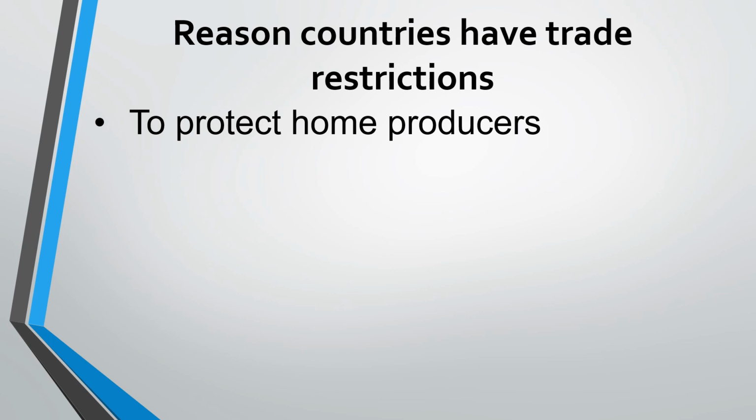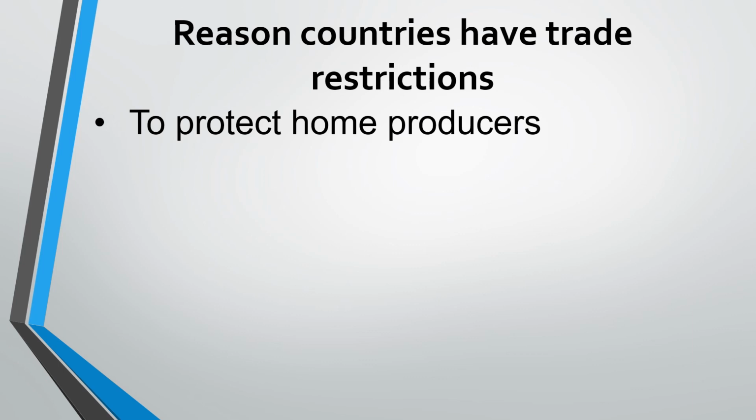Newly formed businesses or industries may need protection until they have become sufficiently established to be able to compete fairly. Or, if they're not new, other industries may simply need protection because they are important to future national security.